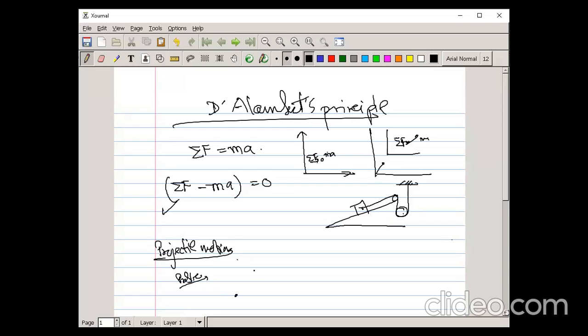Please reply at least. Should I start the numerical problem on projectile motion, or do I have to recapitulate the basic formulas for a projectile motion? Which one do you prefer? Please tell me.